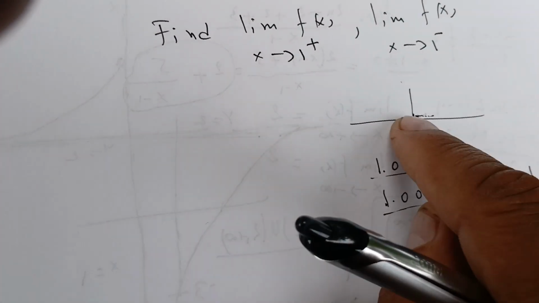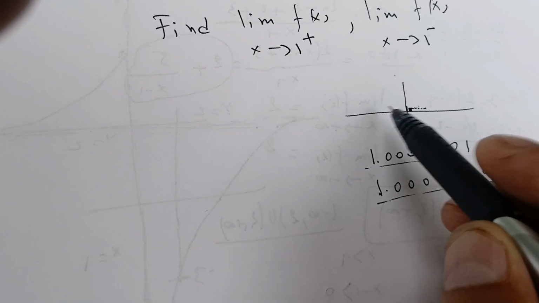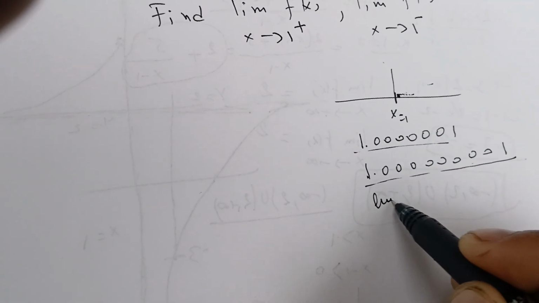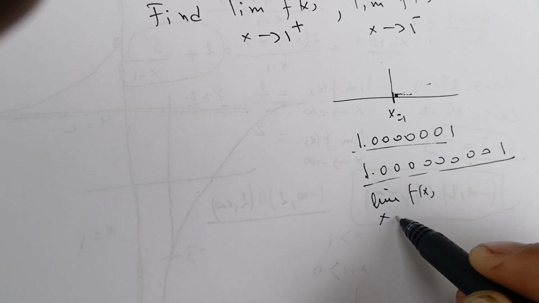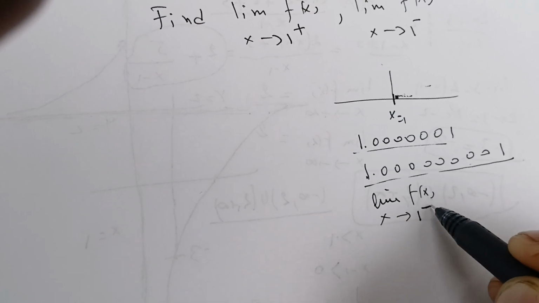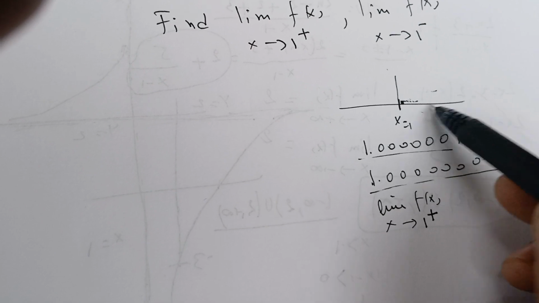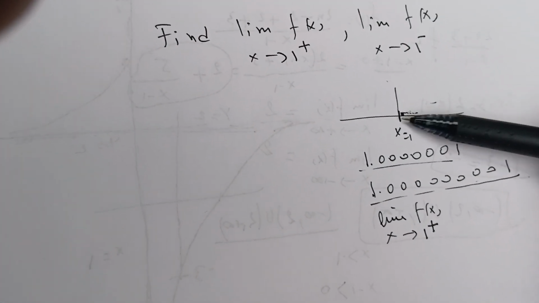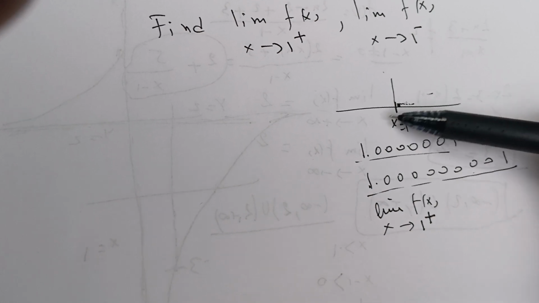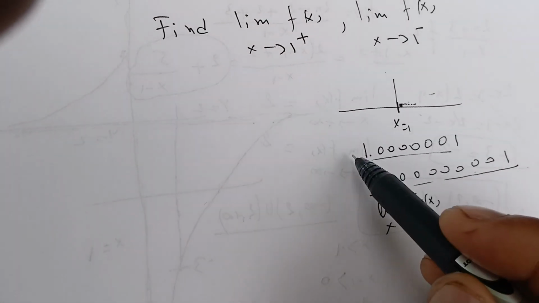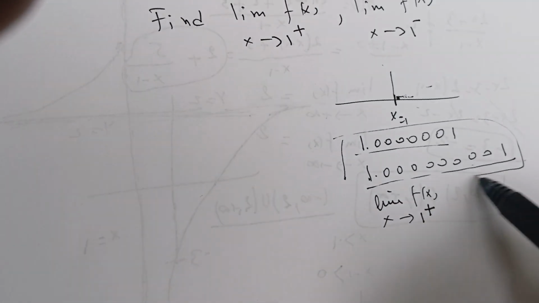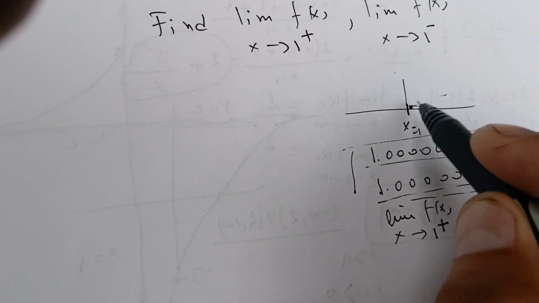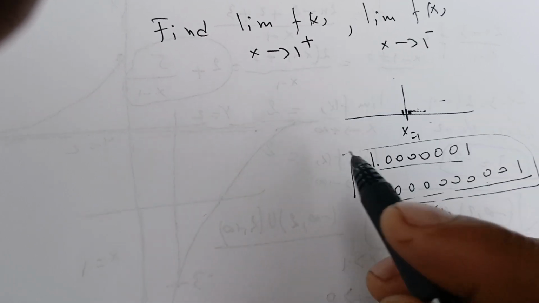So the limit of f of x when x goes to 1 from the right means I'm getting close to 1 from this side, but not exactly 1. I'm very, very close, taking values that are close to 1. When I'm taking the limit from the left, I'm also getting close to 1, but not exactly 1.